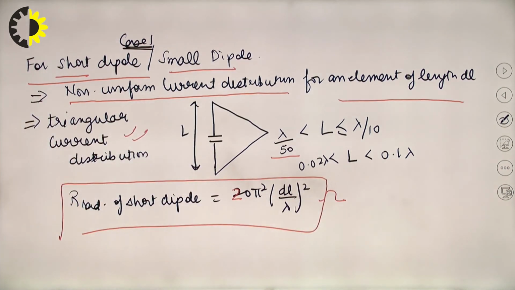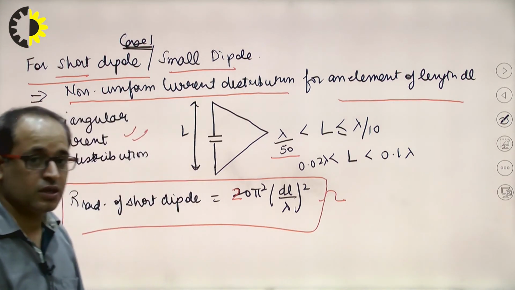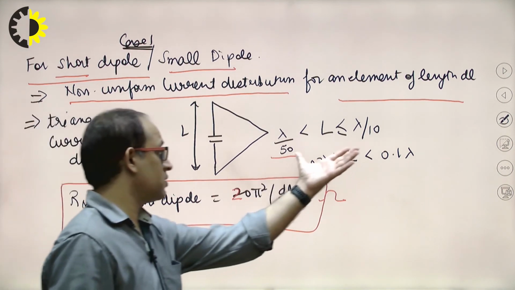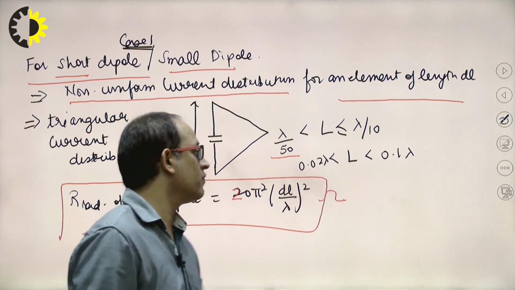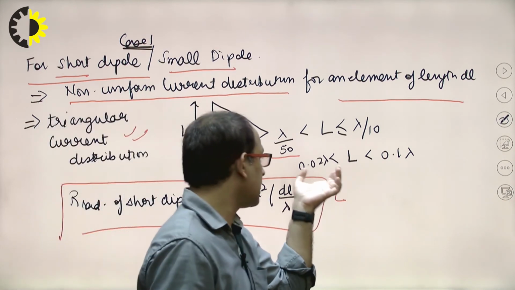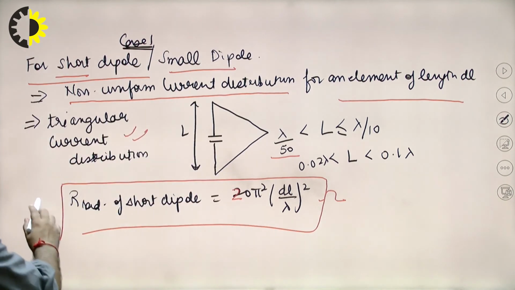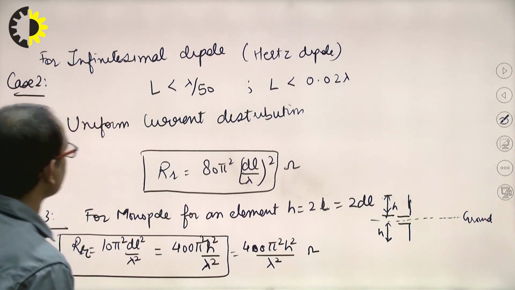Always remember, when you calculate the radiation resistance of any dipole, first find out the length of the dipole in terms of lambda, and if the length lies between 0.02 lambda and 0.1 lambda, then use this formula. Clear?